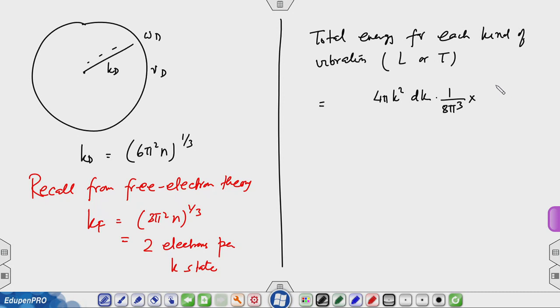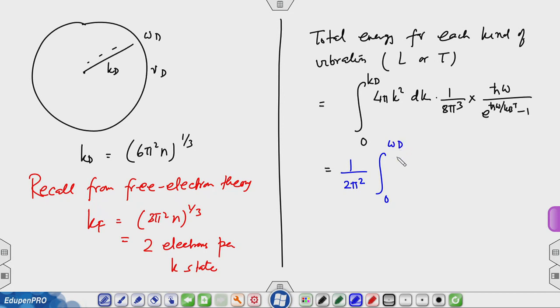Energy for each mode is h cross omega over e raised to h cross omega over kBT minus 1, and this I am integrating from 0 to Kd. That is for each one of them. I can also write this in terms of omega. This comes out to be 1 over 2 pi square, integration 0 to omega d, omega square d omega over Vs cubed, h cross omega over e raised to h cross omega over kBT minus 1.